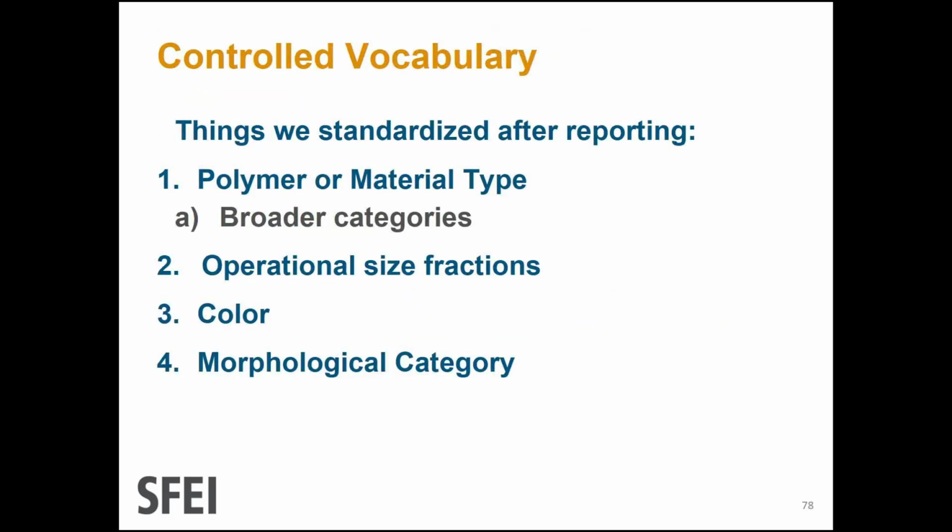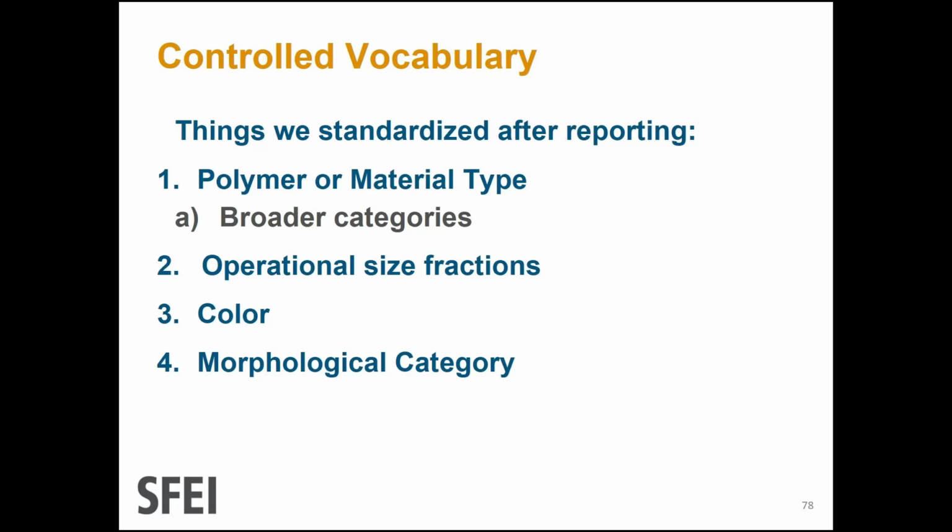So regardless of CDIN, we're having controlled vocabulary within our own project. And so, things that we worked on standardizing, these are sort of in order of difficulty: we have the polymer or material type, and then the various broad categories that sit above each of those, operational size fractions, color, morphological category.